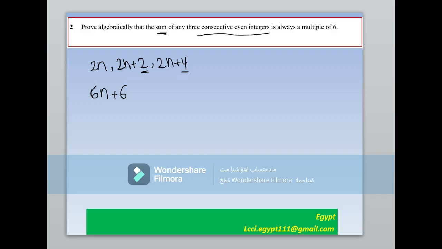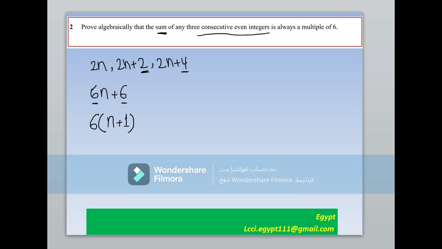What about the required? The required is always a multiple of 6. What about multiple of 6? As you see there, 6n and 6. What about taking 6 as a common factor from this term, equal n, and 6 common factor from this term, equal 1?